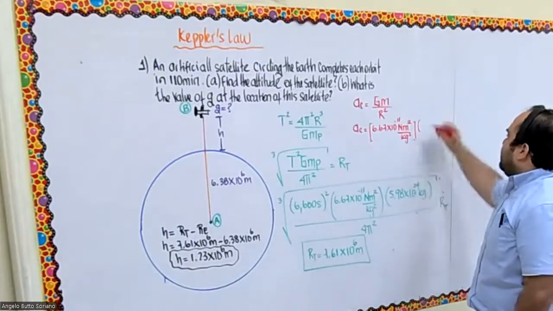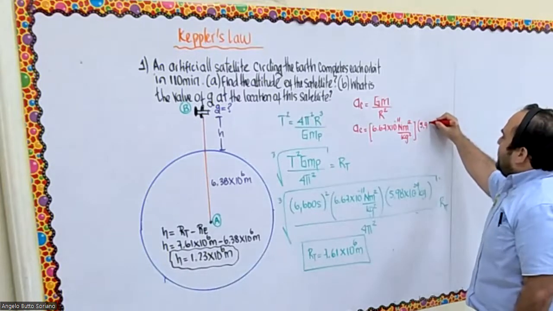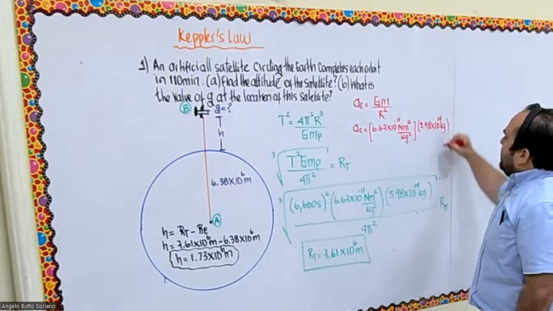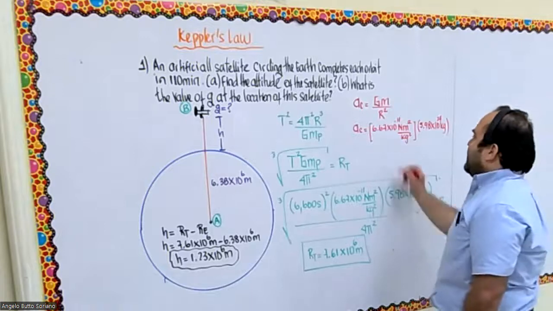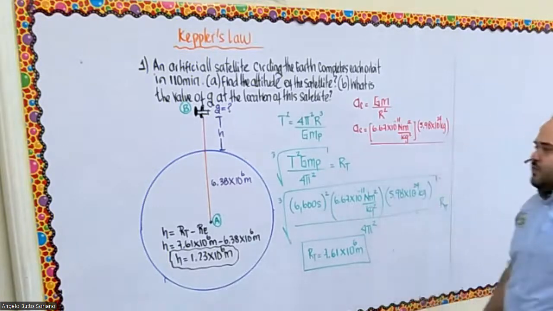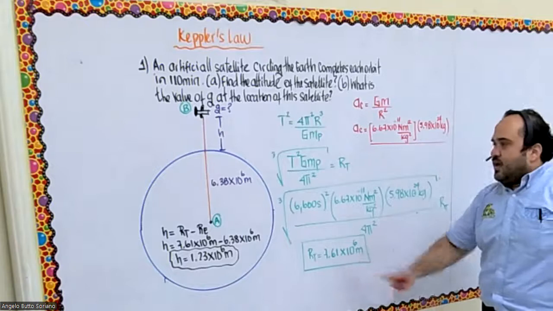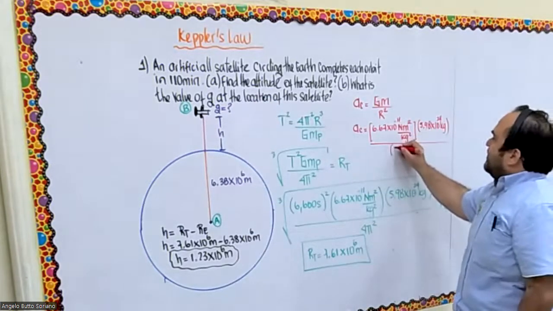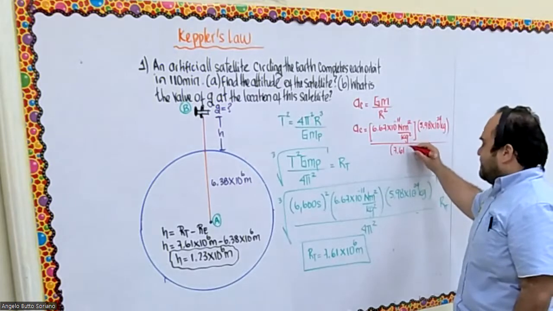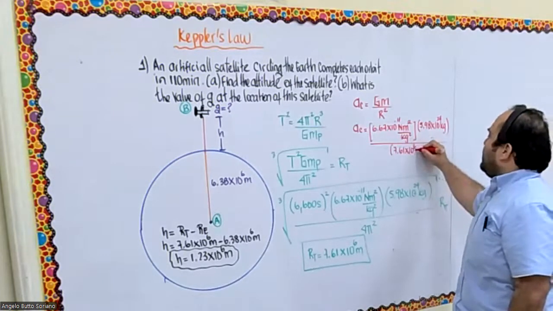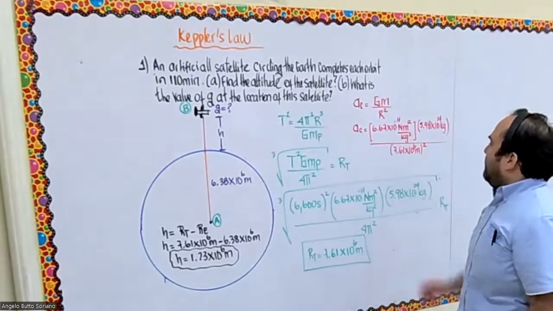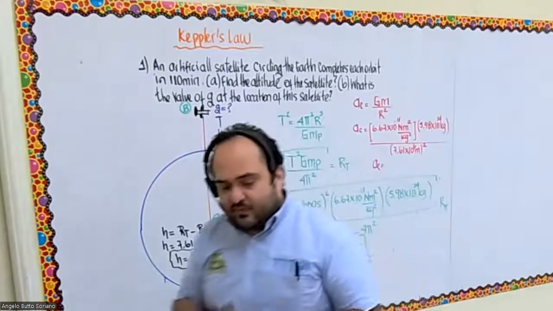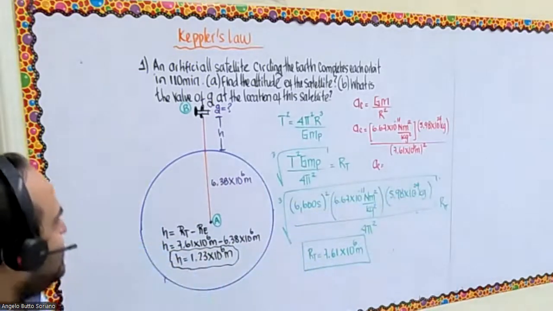Obviously the Earth's mass, 5.98 times 10 to the 24th power kilograms, and divided by the square radius. What radius are we talking about? Because it's the location of the satellite, that will be 7.61 times 10 to the 6th power meters squared. So this centripetal acceleration will be the gravity of the satellite at that location.